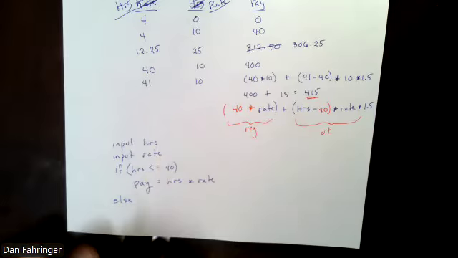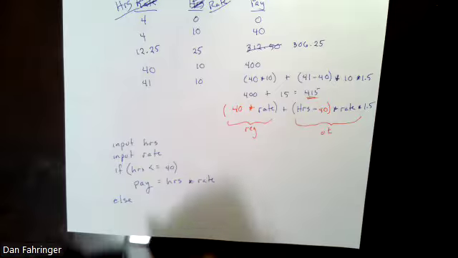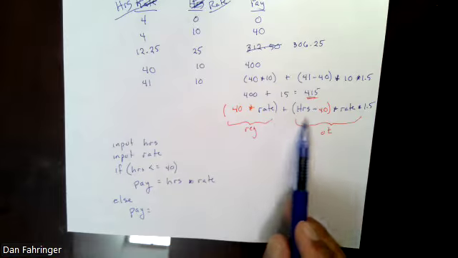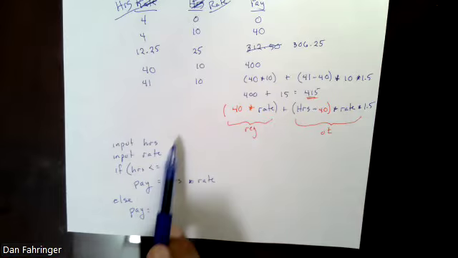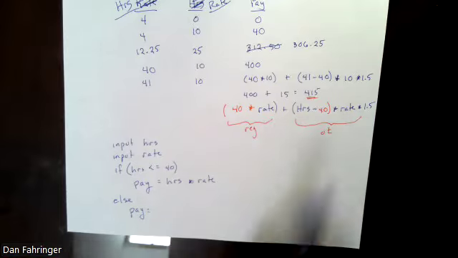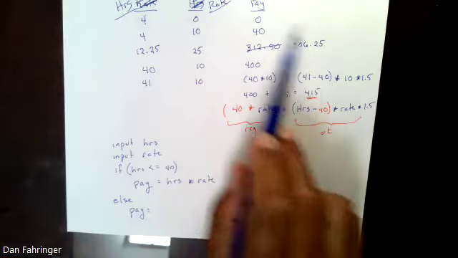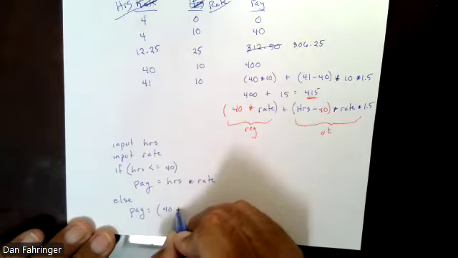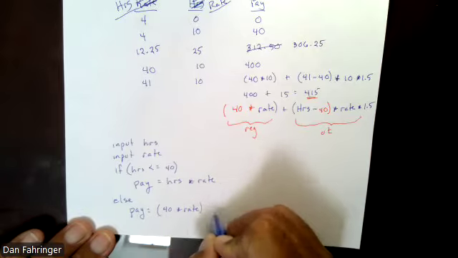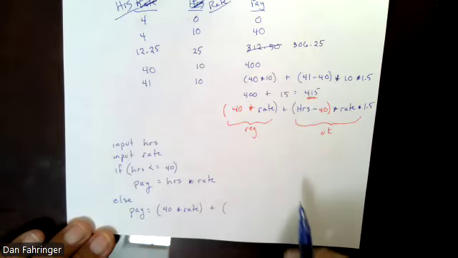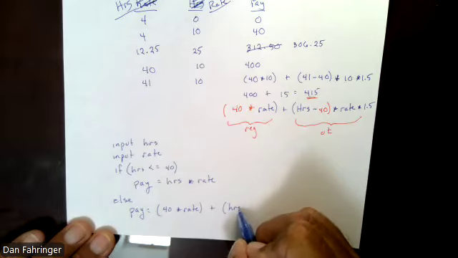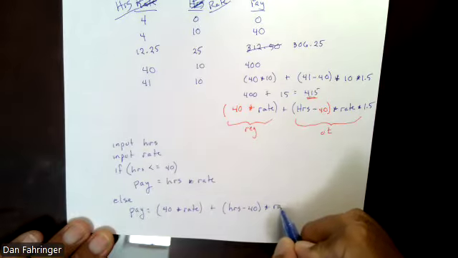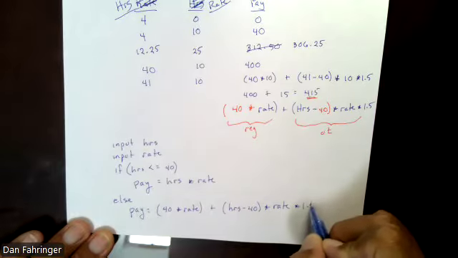Else, that means we got into overtime. Pay is going to equal, well, I have my work done. This is going to be easy to code. We did all of the thinking ahead of time. Pay is going to be the first 40 times the rate plus however many extra hours times the rate times 1.5.